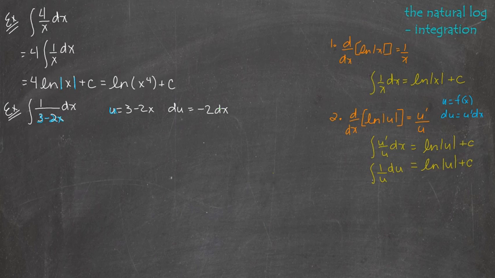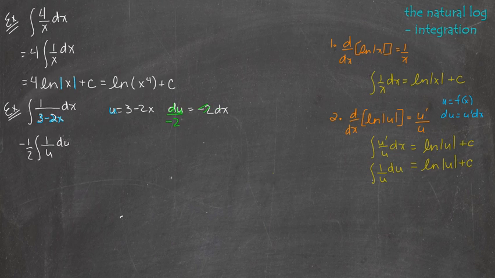Well, dx is here. Oh, I see. If I divide both sides by -2, now I can replace my dx by du over -2. -2 then just becomes a constant multiple that can come out front as a -1/2 times the antiderivative of 1 over u, and all I have left, my dx is going to become du over -2.